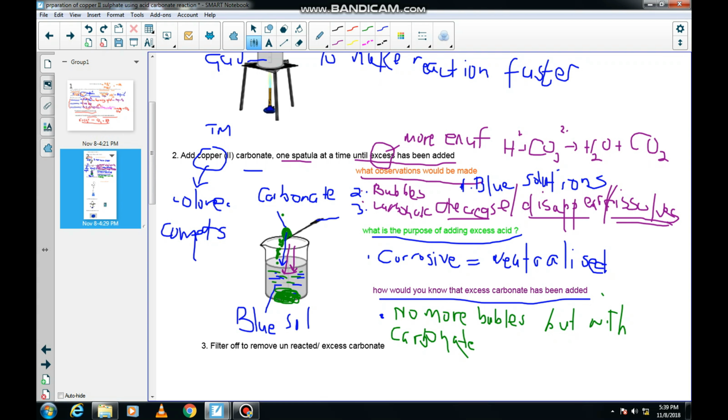But if we have some carbonate at the bottom of the beaker, then we have used up all the acid. So we will know we've added excess when we have no more bubbles, but we still have some carbonate left.